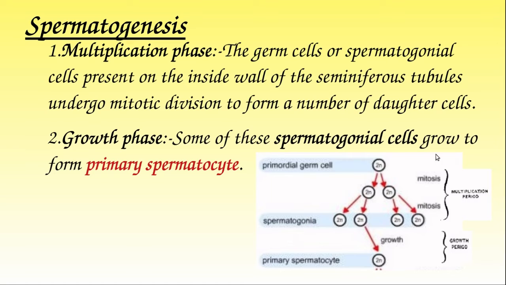So after the repeated mitotic division, there is the phase of multiplication. The spermatogonial cells increase in number. Then in the phase of growth, some of the spermatogonial cells grow in size to become bigger, and they are called primary spermatocytes. Got it?